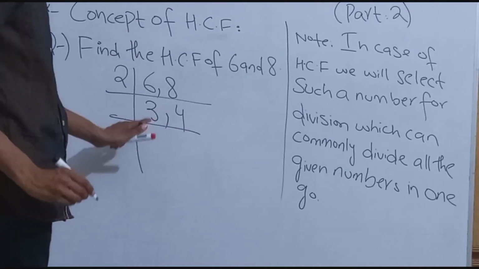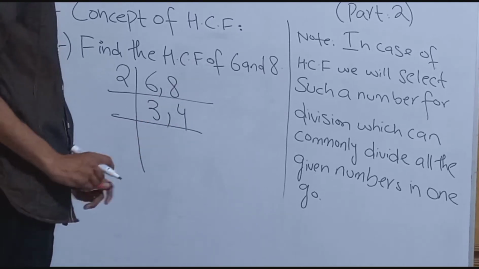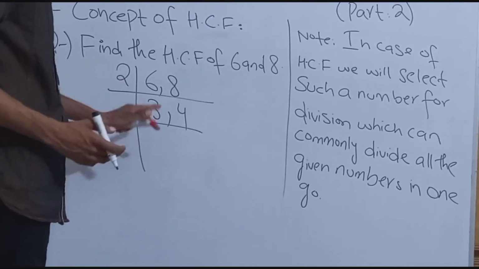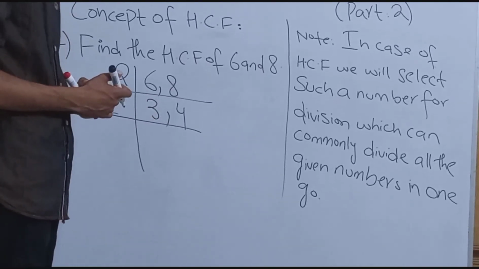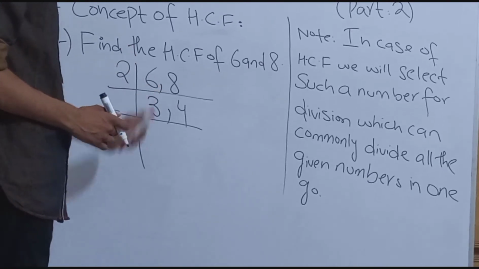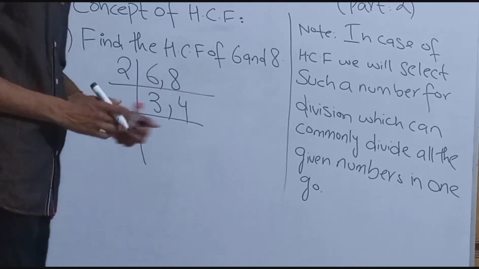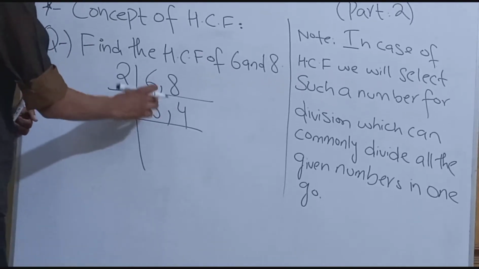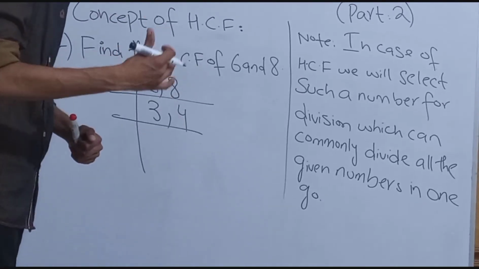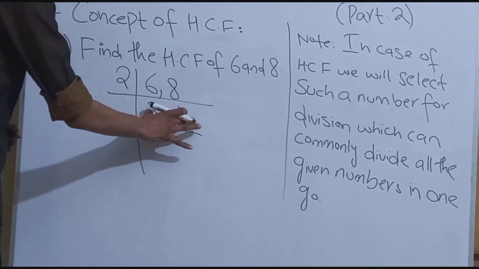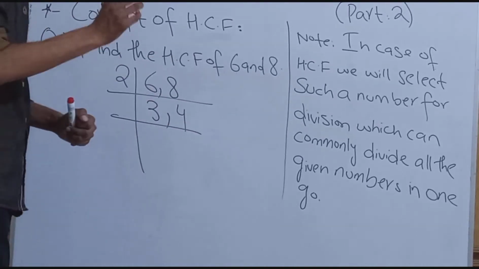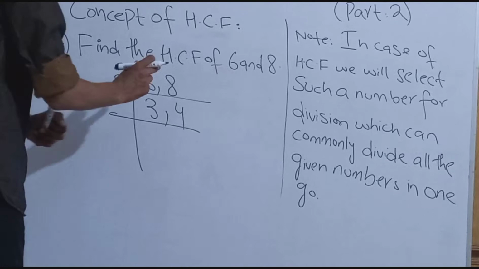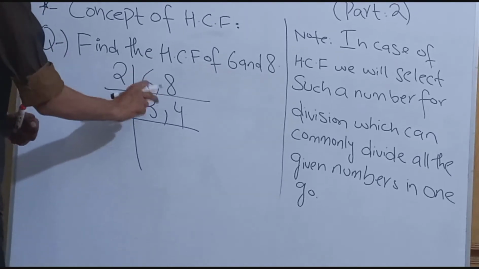Is there a common number which can divide 3 and 4? We will check whether 3 is divisible by 2. No. Is 3 divisible by 3? Yes, but 4 is not divisible by 3. So there is no common number, as the next prime number is 5 and both these numbers are less than 5. So we will select such a number which is less than these numbers or equal to these numbers.